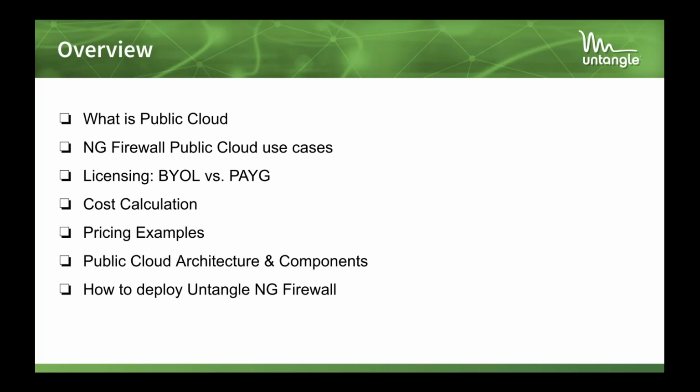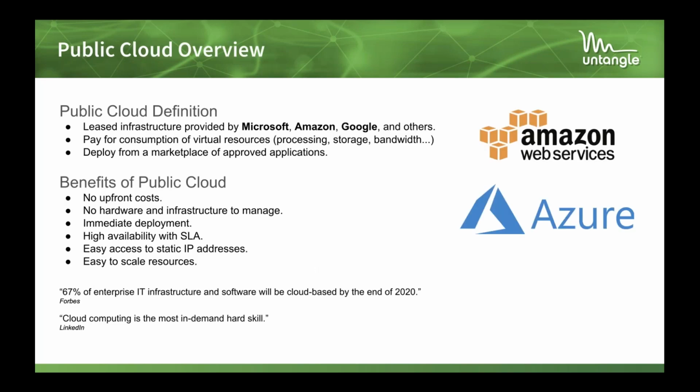Then we'll go into a bit more of the technical details, describing the various virtual components that you would need in a public cloud environment, as well as a pretty comprehensive walkthrough of a setup in AWS and also in Azure.